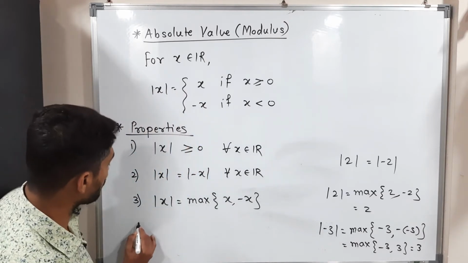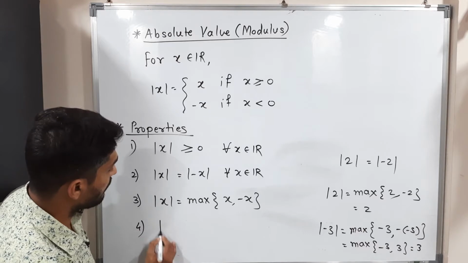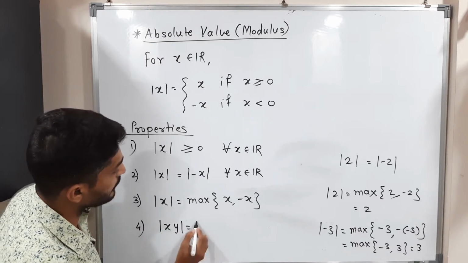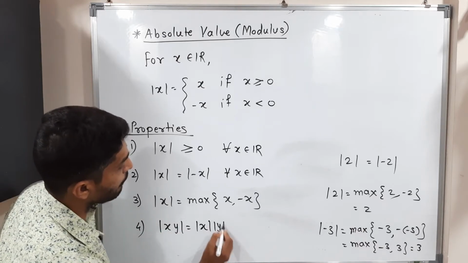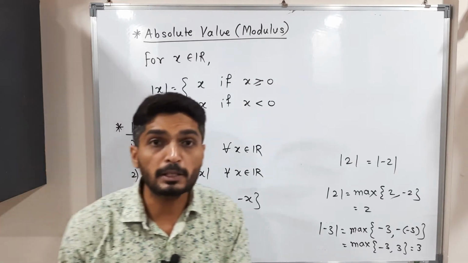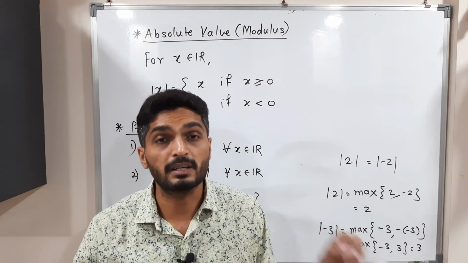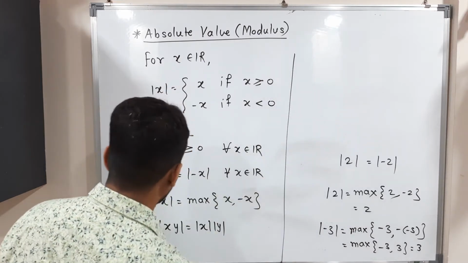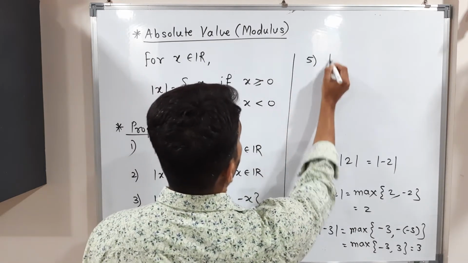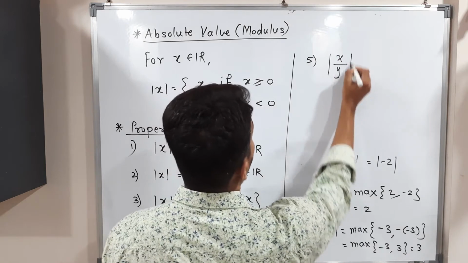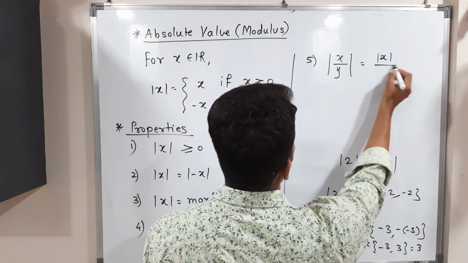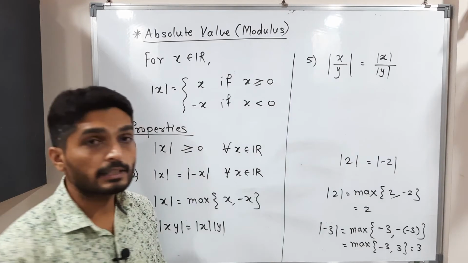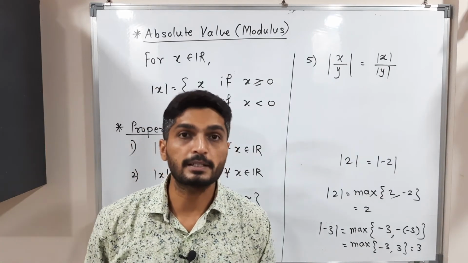Let us go for the fourth one. Mod of x into y is equal to mod x into mod y. That means if there is multiplication, you can take separate mod. It's a very important thing. Next property: mod of x upon y is equal to mod x upon mod y. That means in case of division also you can take separate mod.